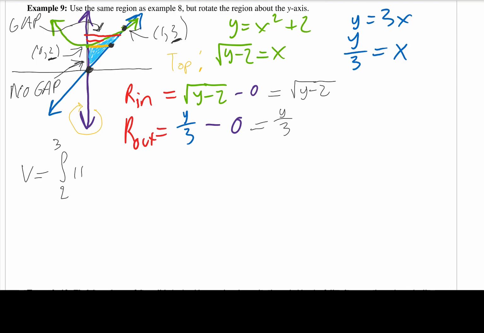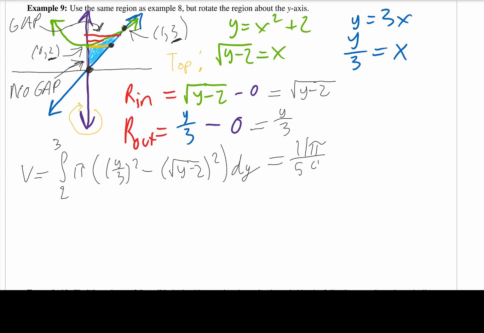And then it should be pi times R out squared, so Y over 3 squared, minus R in squared, so that would be square root Y minus 2 squared dy. And when you solve that, you should get 11 pi over 54.